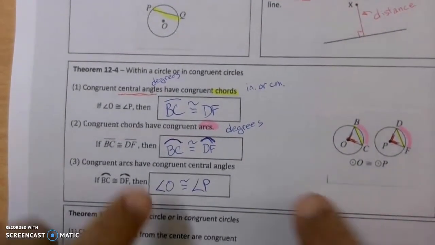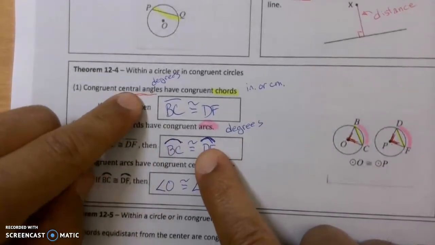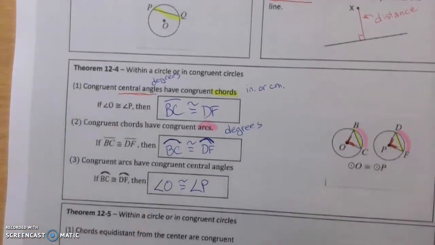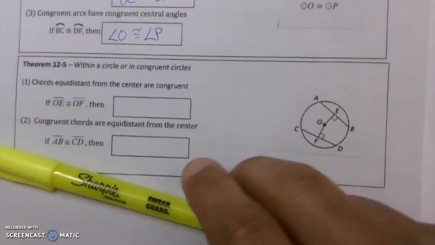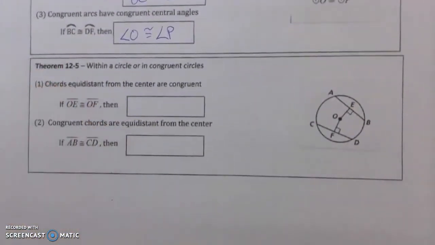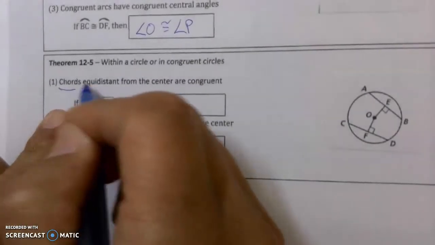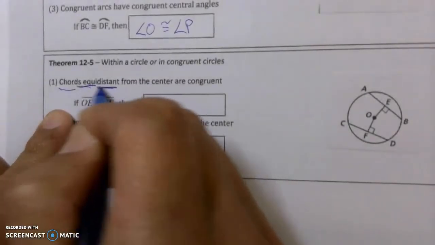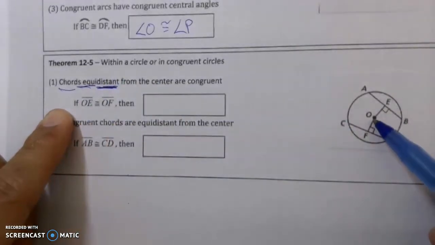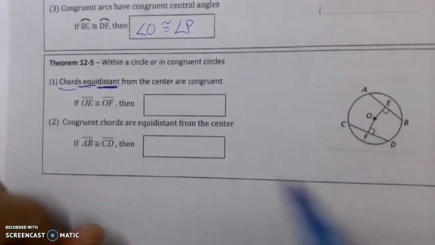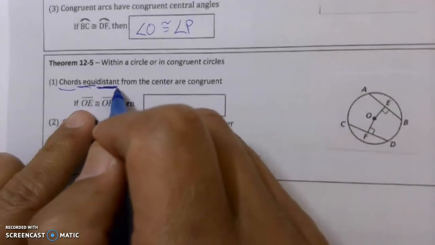Again, arcs are measured in degrees, angles are measured in degrees, and chords are measured in inches, centimeters, and feet. The other main theorem for the day is this one here. Chords that are equidistant from the center are congruent. Remember, distance is the 90 degree, shortest distance from a point.